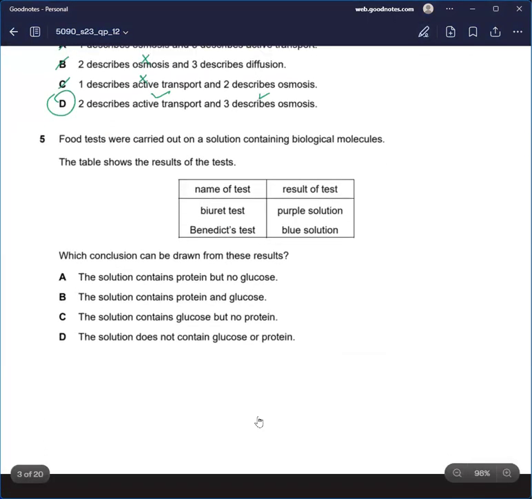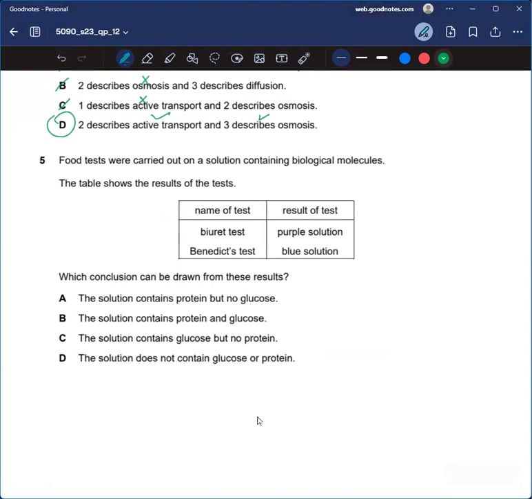All right. Question number 5. Food tests were carried out on a solution containing biological molecules. The table shows the results of the test. Biuret test, purple solution; Benedict's test, blue solution. Which conclusion can be drawn from these results?